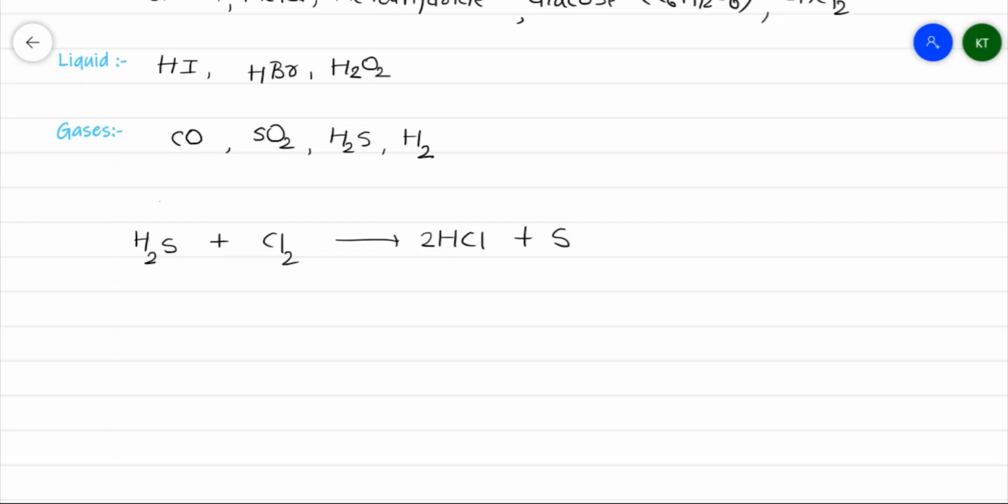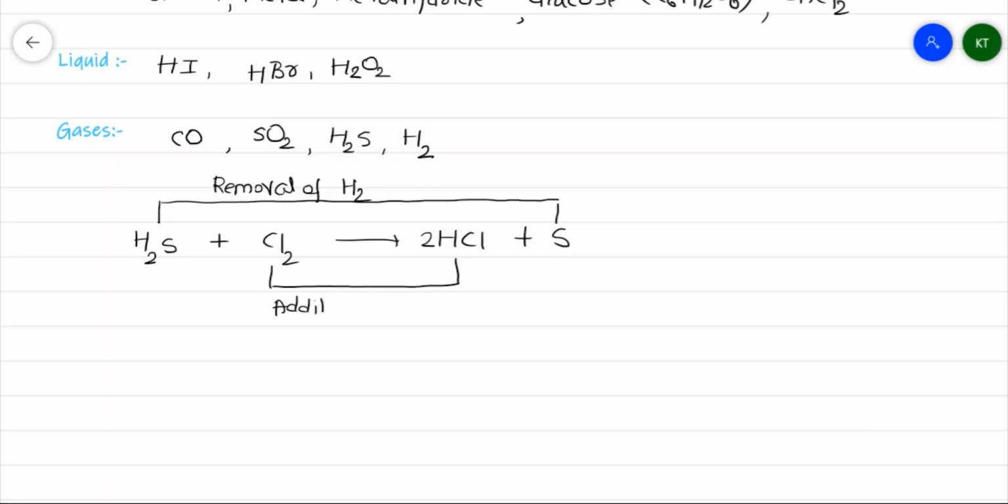Hydrogen sulfide to sulfur is a removal of hydrogen, and chlorine to HCl is an addition of hydrogen.